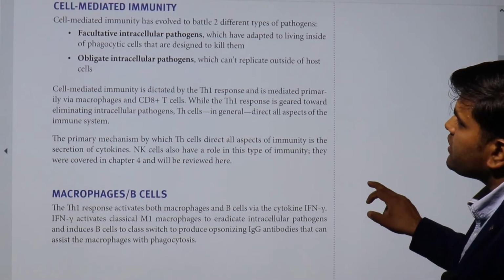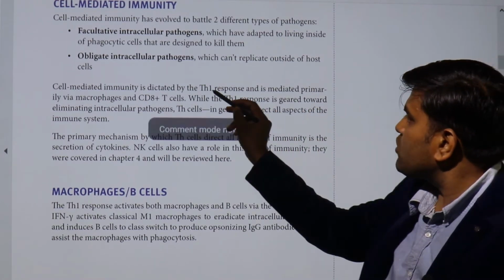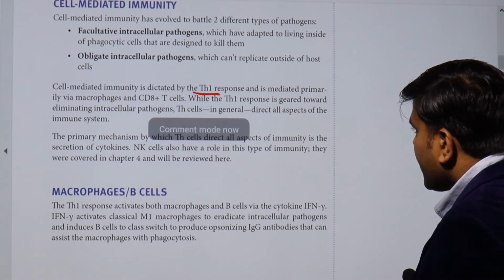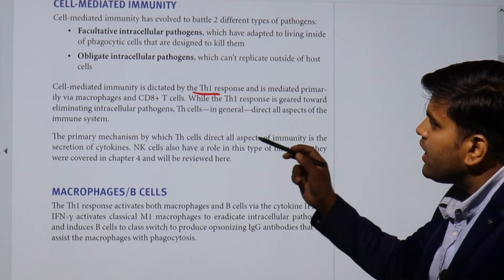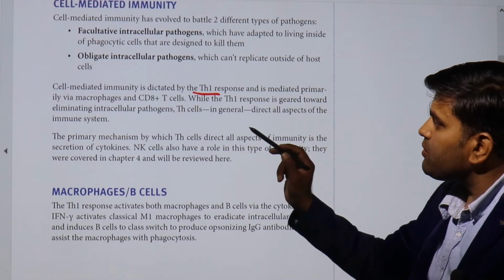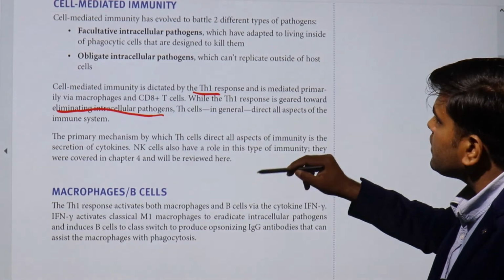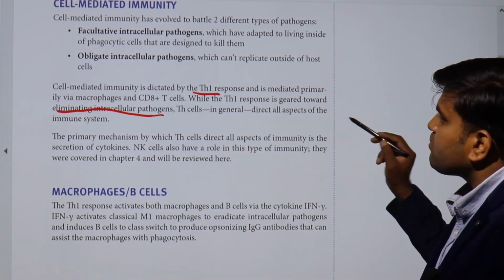Cell mediated immunity is directed by the TH1 response, which we have discussed. This TH1 response is called cell mediated immunity, primarily via the macrophage and CD8 cells, and it is generated towards intracellular pathogens. The main thing is to eliminate the intracellular pathogen. TH cells in general direct all aspects of the immune system.